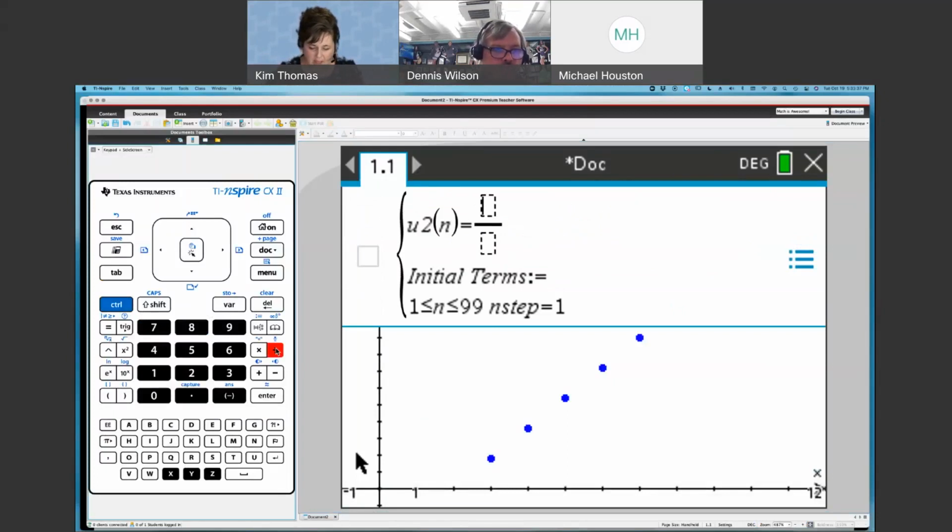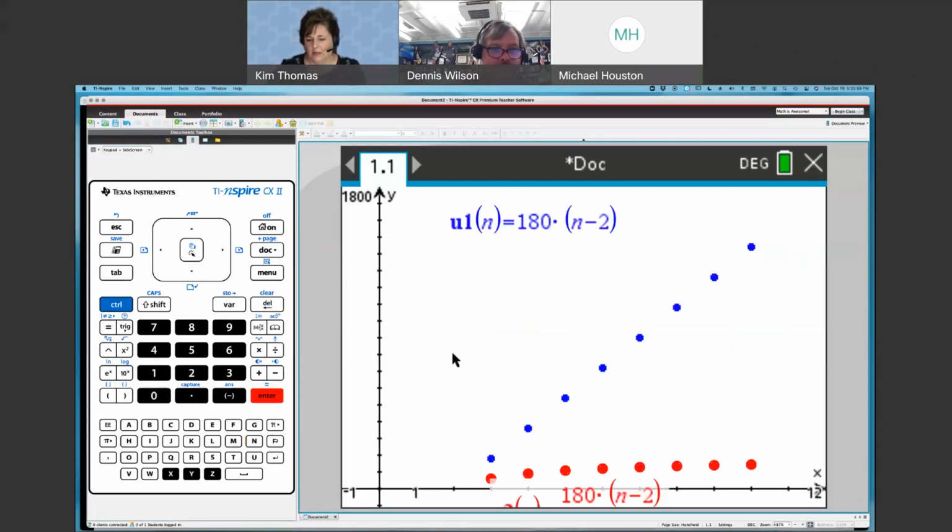And so I had 180 times n minus 2, and I'm going to divide that by n. And again, for these polygons, I need to start when n equals 3, and I don't want a ton of them, so I'm just going to go up to 10 right now and kind of keep it in that window right there, just like we looked at the week for Clark Kent. And there it is. And that's a little bit different.